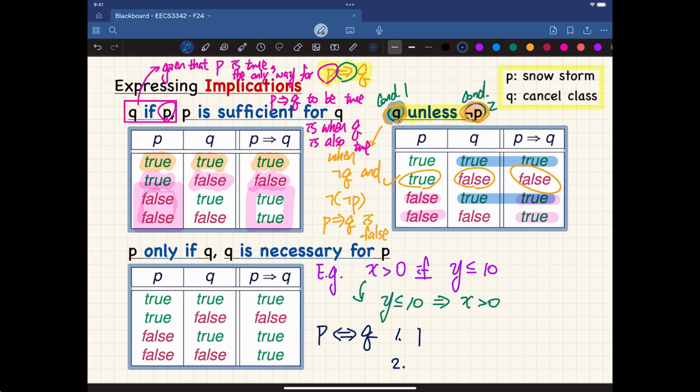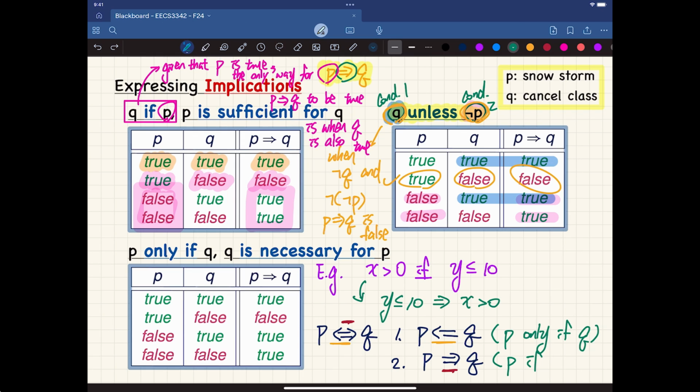You can have either this way, or you can have this way. I want you to convince yourself, it's either going this way or it's going this way, right? Now, this one over here is really the P only if Q. Convince yourself when you study this. Might seem a little bit tricky, but you just want to refer to the definition. And this one here is the P if Q.